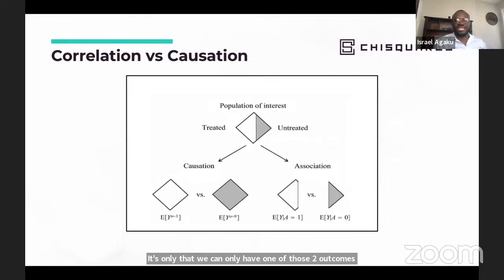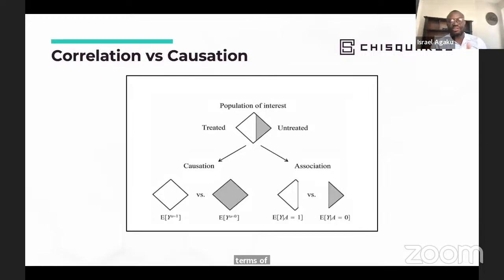You can't smoke and not smoke at the same time. Now, the opposite of whatever you had observed is your counterfactual. So if I smoked, my counterfactual outcome is that I did not smoke. Or if I did not smoke, my counterfactual is I smoked. So the observed outcomes and the counterfactual outcomes in terms of their sets are the same. If your outcome is pregnant or not pregnant, these are the same counterfactual outcomes. But for any given individual, you can only have one observed outcome, and the other outcome automatically becomes your counterfactual outcome.